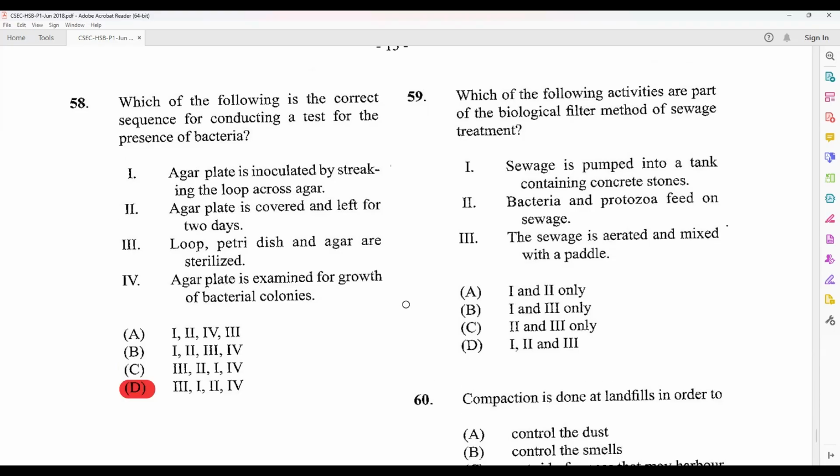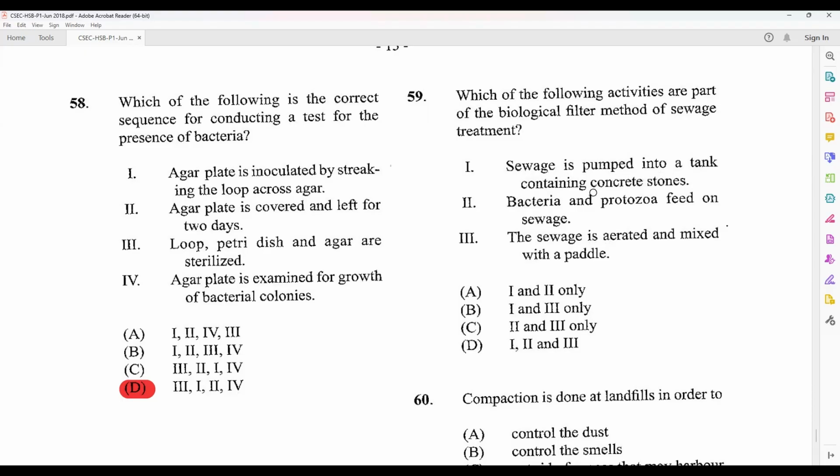59, which of the following activities are part of the biological filter method for sewage treatment? Sewage is pumped into a tank containing concrete stones. Bacteria and protozoa feed on sewage. Sewage is aerated and mixed with a paddle. 2 is correct. 3 is definitely correct.